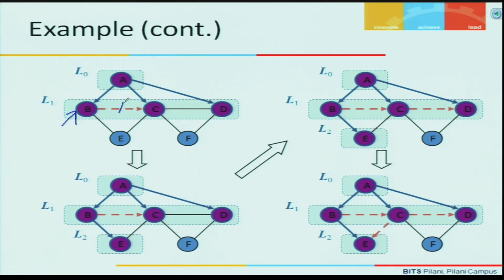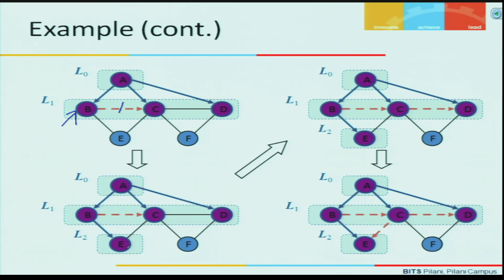It is an edge between 2 vertices which are at the same level with respect to the source in the given tree. So, what we observe is B and C, which are connected by an edge, are at the same level in the graph with respect to the source vertex A. So, we call such edges cross edges.